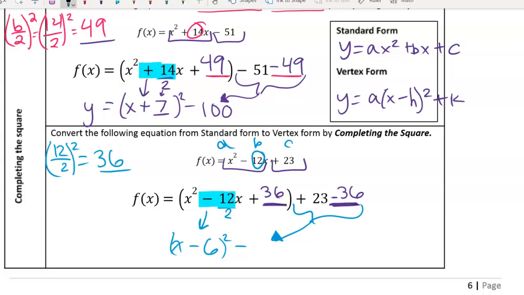So 23 minus 36 gets us negative 13. And there's our equation. So this center value here, or our new b value, gives us our h, and what's on the outside, the constants, give us our k value.